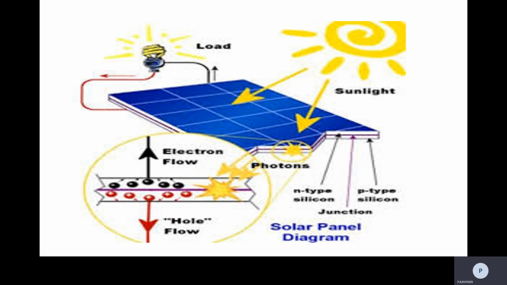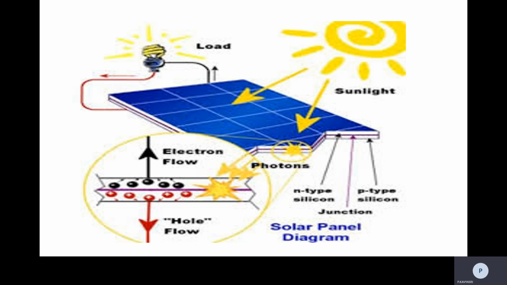Whenever light from the sun falls on that depletion region, the neutral atoms break down into holes and electrons. The depletion region also has an electric field. Because of that electric field, electrons move towards the n-type region and holes move towards the p-type region, and an accumulation of electrons forms at the n-type and an accumulation of holes forms at the p-type.